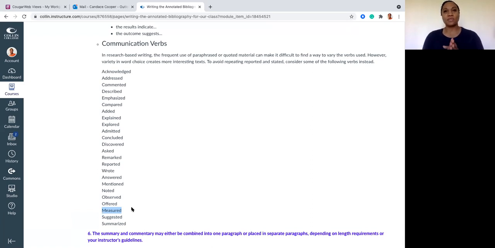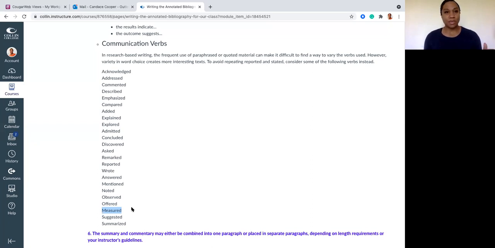All right. And this keeps what's called the objective tone, where you're looking at it as an observer. You're not the person who actually was in it and doing it. All right. And so when you're writing composition, when you're writing at the college level, you want to make sure that you're making these distinctions because you don't want to get involved with anything that even looks like plagiarism. Okay. You don't want to get involved with that at all.